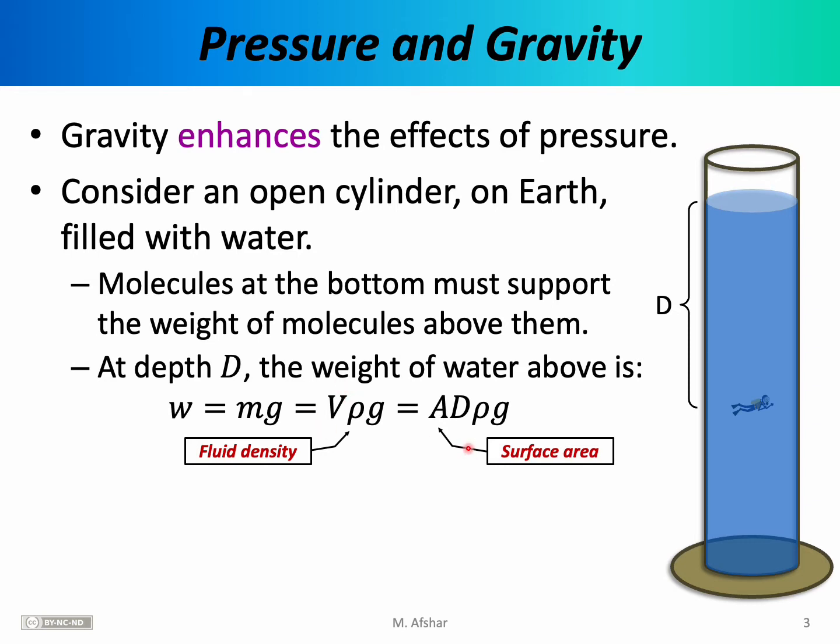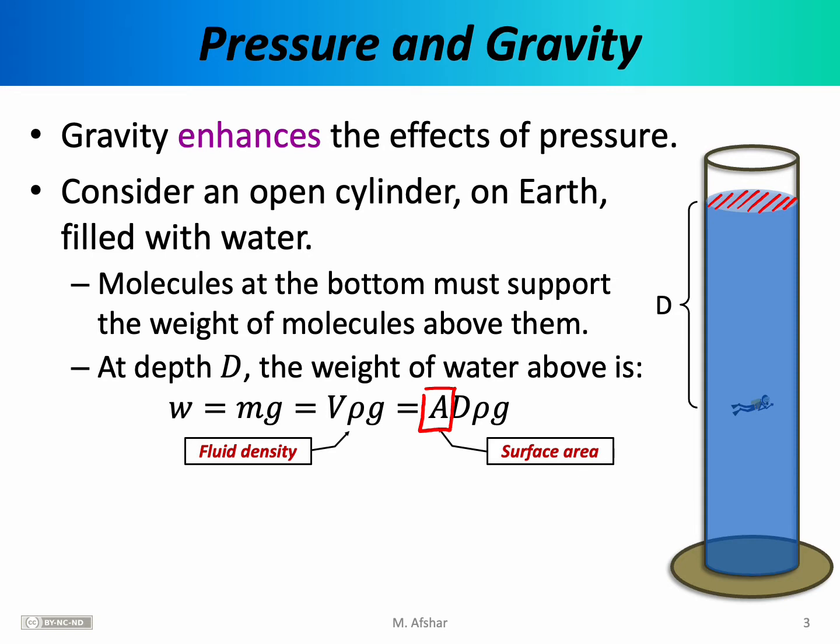Now the volume is going to be equal to the cross-sectional area times the depth that we're interested in. If the container is a cylinder with a circular cross-section, then A is essentially the area of this circle here. But if the container is square in cross-section, then this A here would be simply the area of a square.